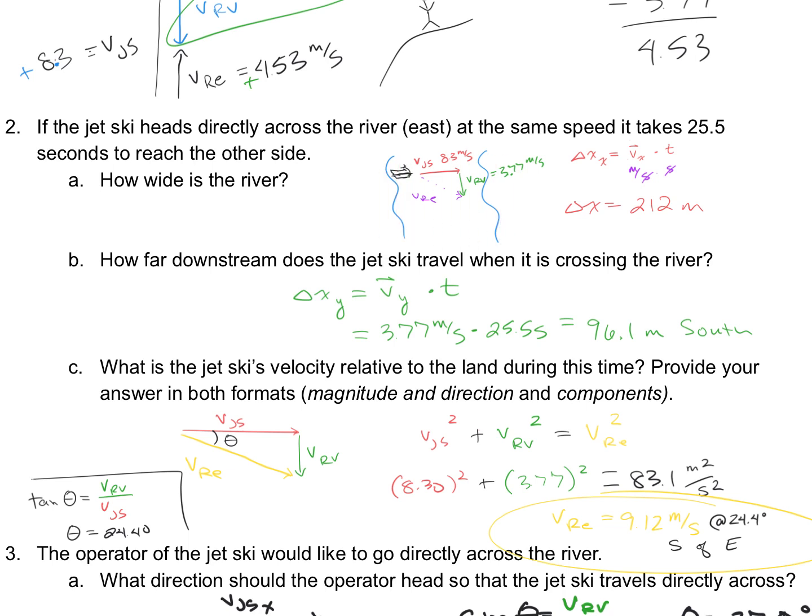So the displacement in the y dimension is equal to its velocity times the time that it's traveling. This calculation produces a displacement of 96.1 meters south, or down. In this case, we would probably have used negative, but regardless, the direction is 96.1 meters south.